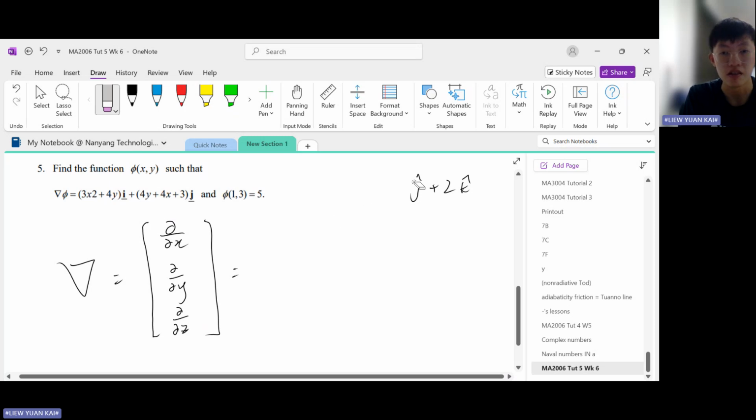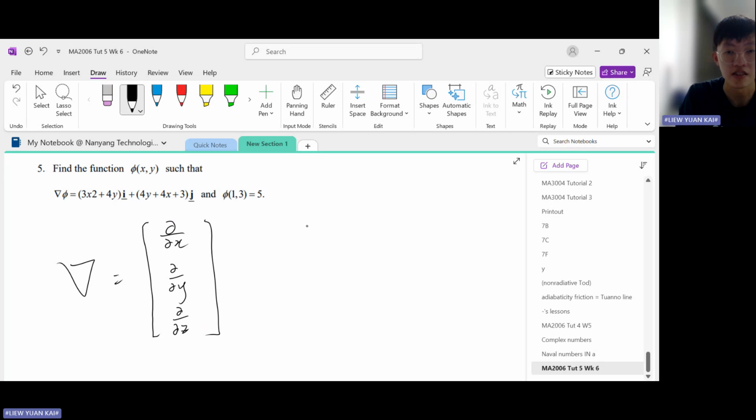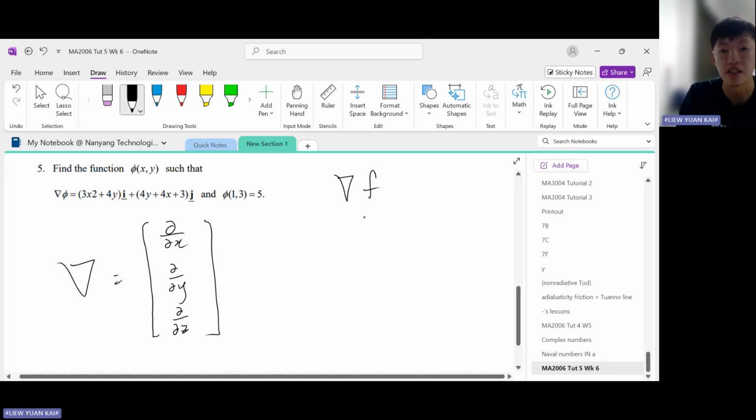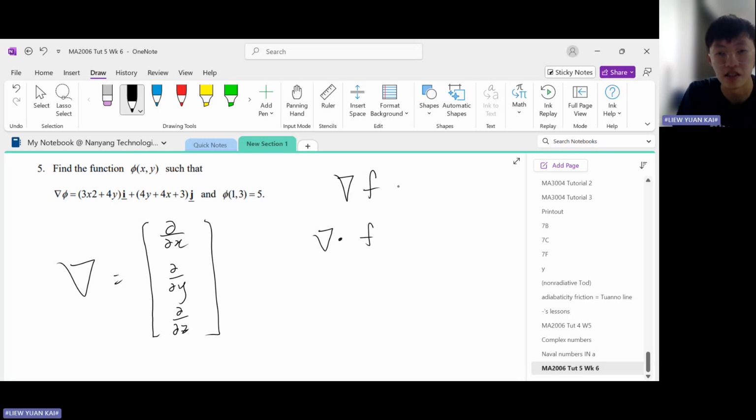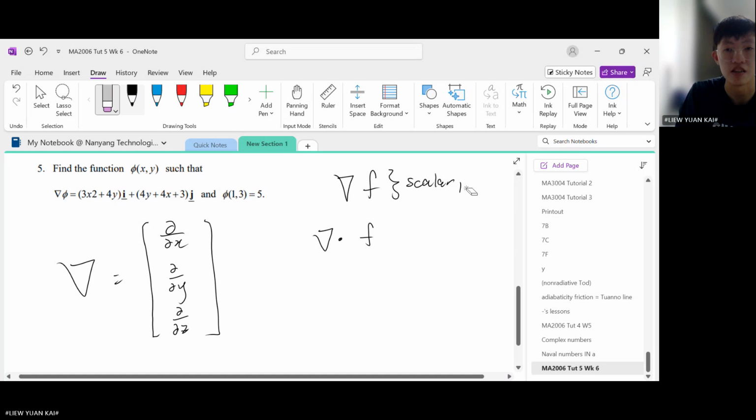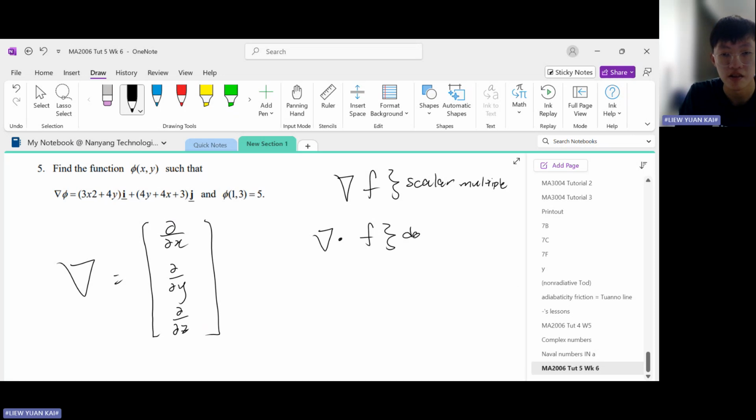You can do scalar multiplication. For example, Nabla of f. This is a scalar multiple. You can do Nabla dot f. Okay, so this is dot product.